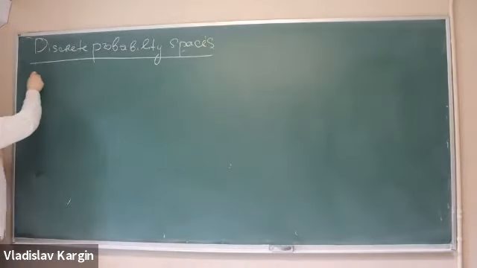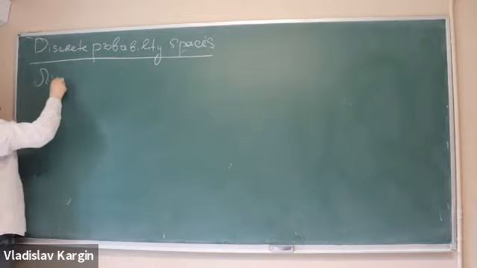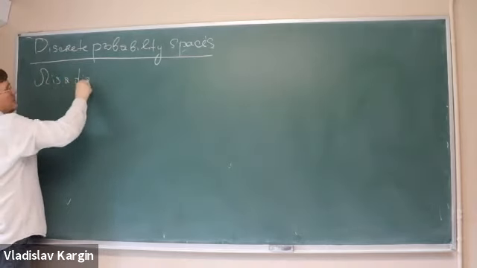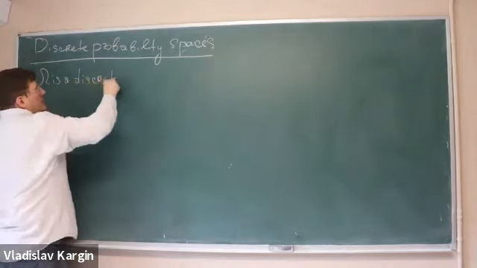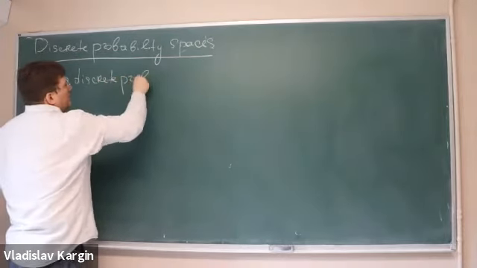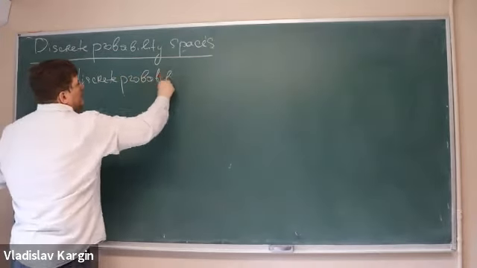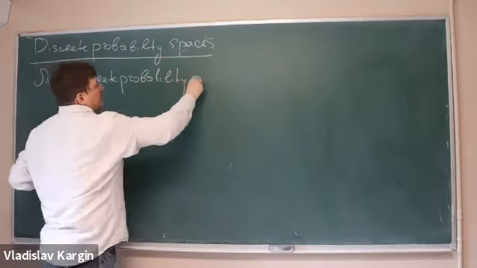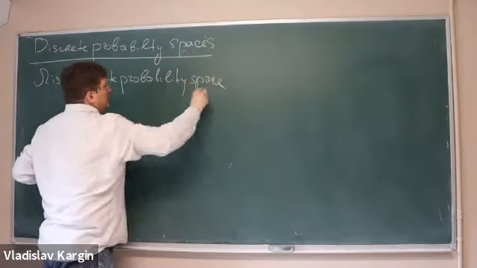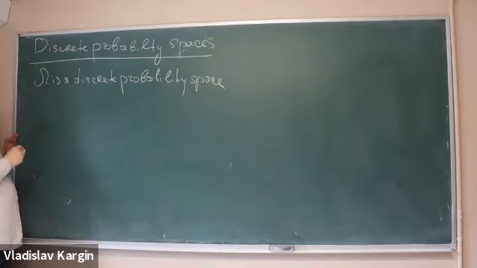So omega is a discrete probability space if it is finite or countably infinite.